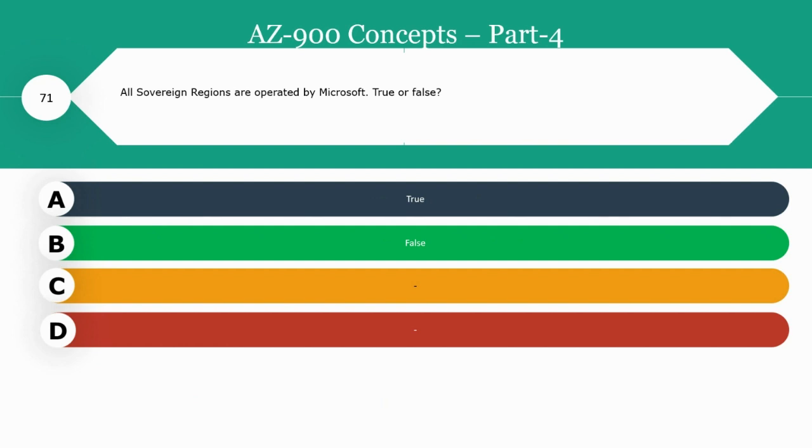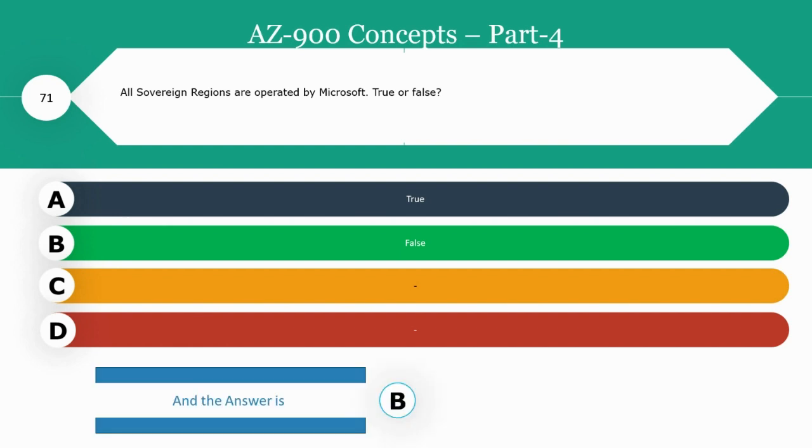So a global company like Microsoft will never meet this requirement. As such, Azure China is run by a Chinese telecom company by name 21Vianet. So that one is not directly operated by Microsoft. It is operated by a Chinese-based telecom company called 21Vianet. And so the right option for this question is option B.